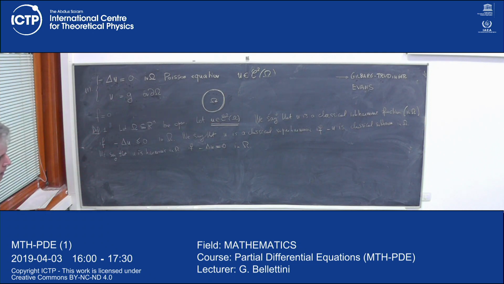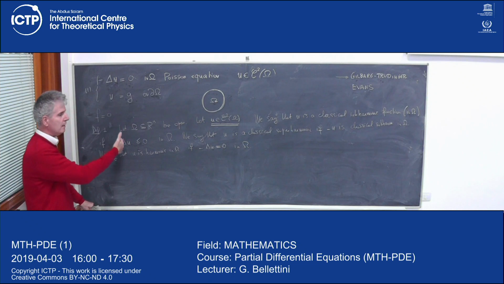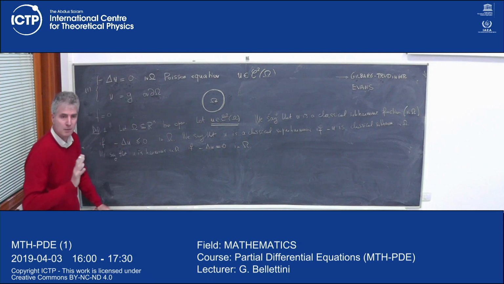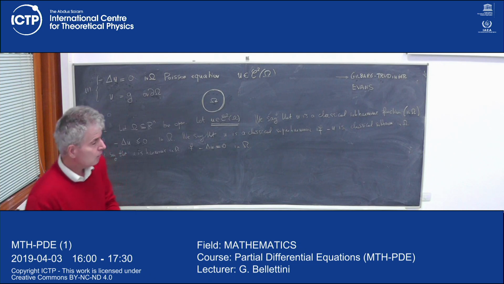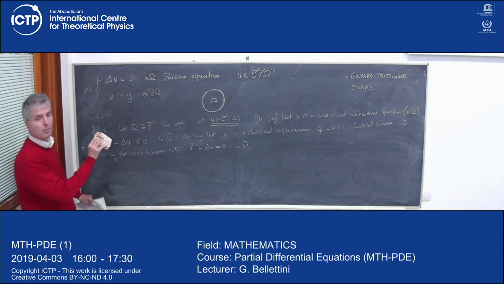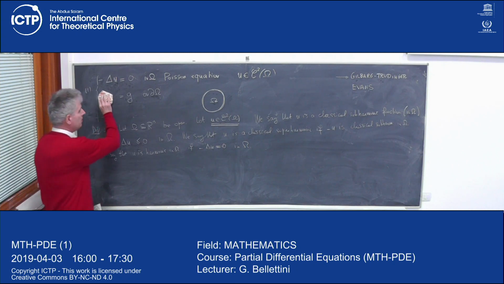Now, let's simplify. You see, in definition one, there is no G. I'm saying something only about the PDE, but not about the boundary condition. So let me simplify it even more. Let's try to discuss the free problem without boundary condition.